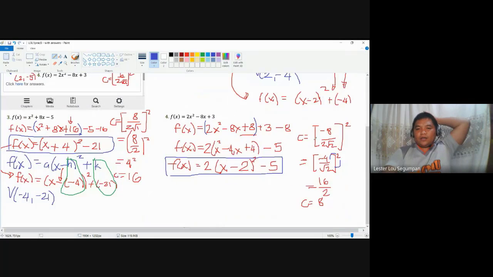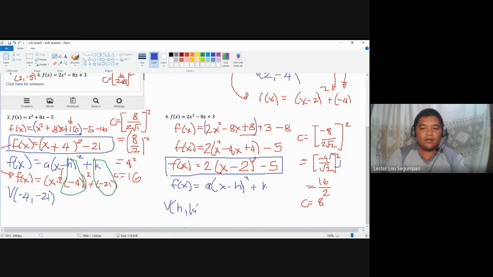So how do we determine the vertex here? Take note that the vertex form is a(x minus h) squared, the square of the binomial, plus k. So your vertex is (h, k). Here your h is positive 2.